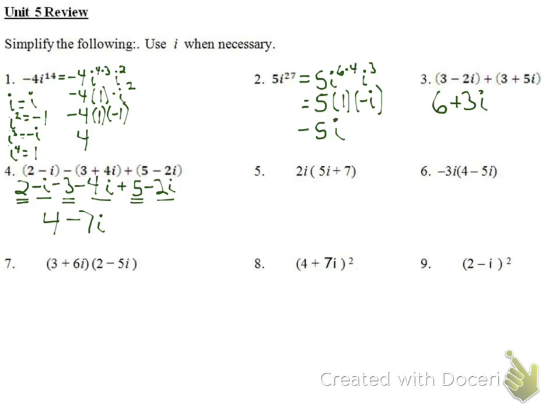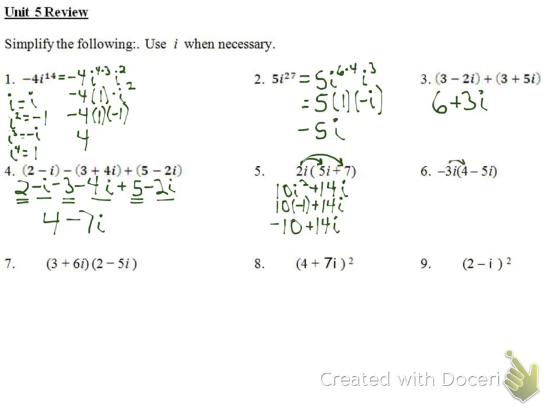Number 5, we're looking at multiplying, so I'm going to distribute the 2i, so I get 10i squared plus 14i, and we're not going to leave it as that because we can simplify, because we said that i squared was negative 1, so that's going to be 10 times negative 1 plus 14i, which gives us an answer of negative 10 plus 14i.